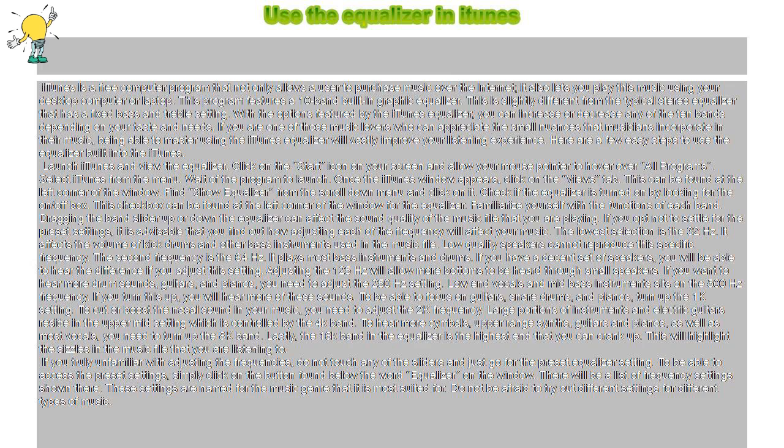There will be a list of frequency settings shown there. These settings are named for the music genre that they are most suited for. Do not be afraid to try out different settings for different types of music.